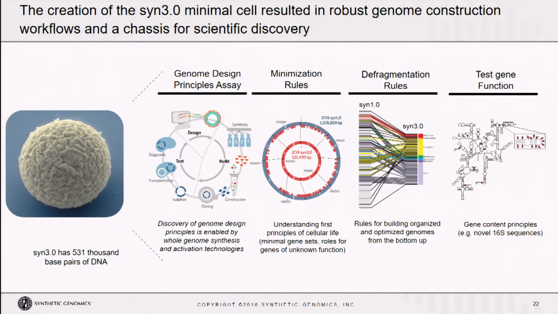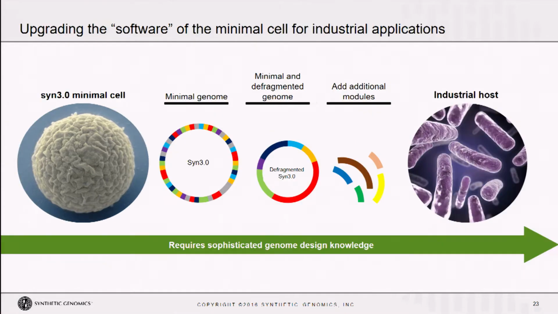So to summarize this part of my talk, the creation of the Syn 3.0 minimal cell resulted in robust genome construction workflows and a chassis for scientific discovery. It's because of these genome synthesis and activation tools which are now enabling the discovery of genome design principles for minimization, modularization, and novel gene function.